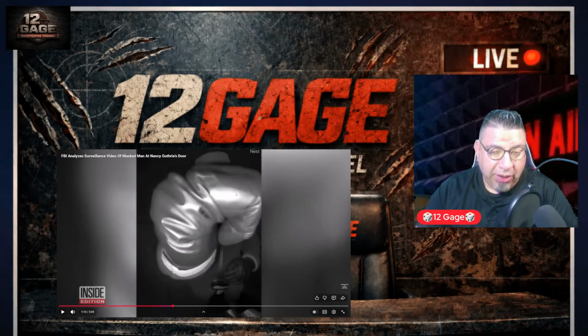But you do look here, they do look like those black nitrile gloves, and it looks like he has some kind of, I don't know what that is, it looks almost like a cuff, like something wrapped around the gloves at the bottom. See that little tie right there? I wouldn't say it's a zip tie, but it very well could be.